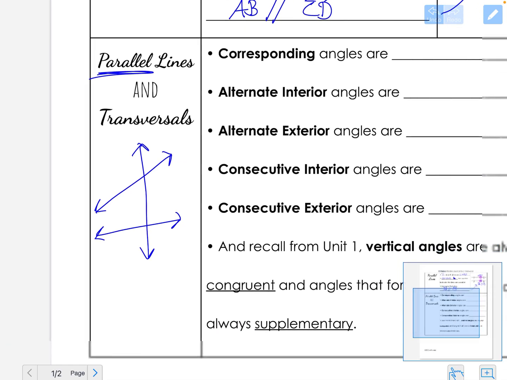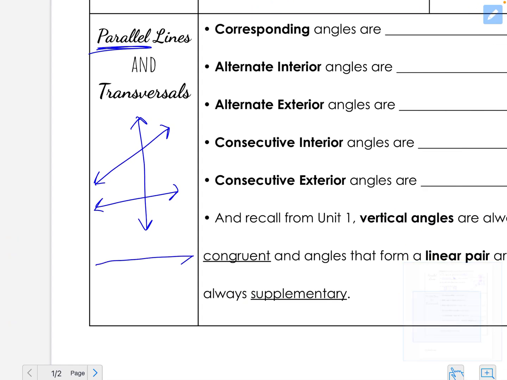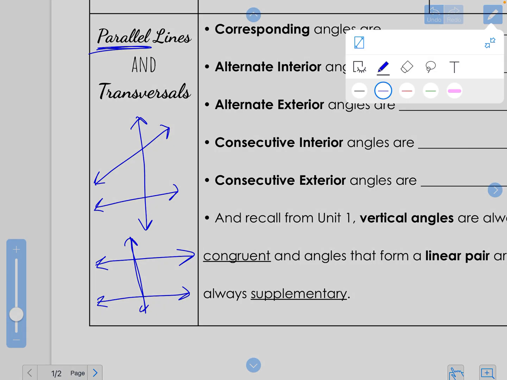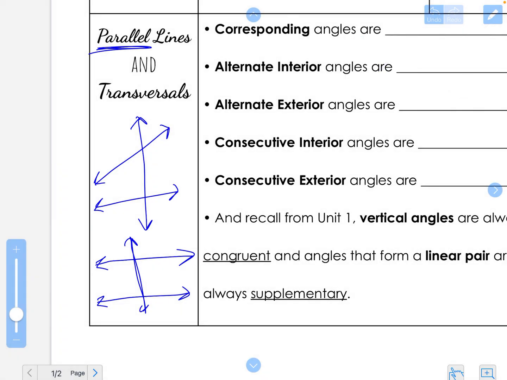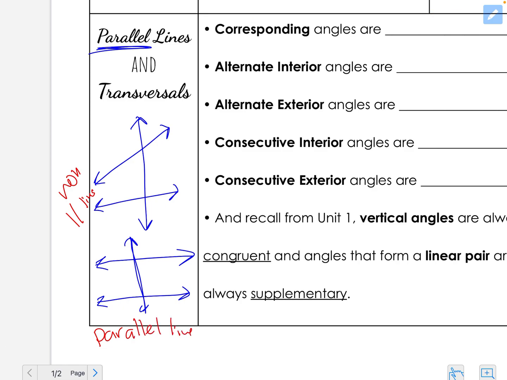So when that transversal goes from looking like that to looking like this, we know a whole lot more things about our angles and the angle relationships. So again, this is non-parallel lines, and then this is parallel lines. In today's video, we are only going to be talking about when those two lines are in fact parallel.